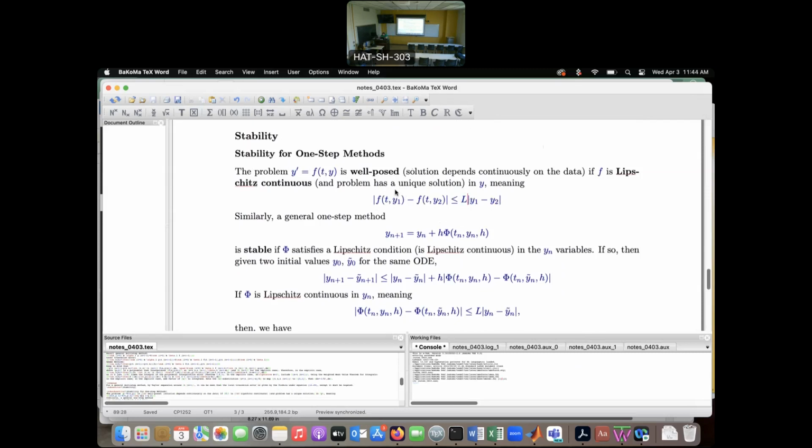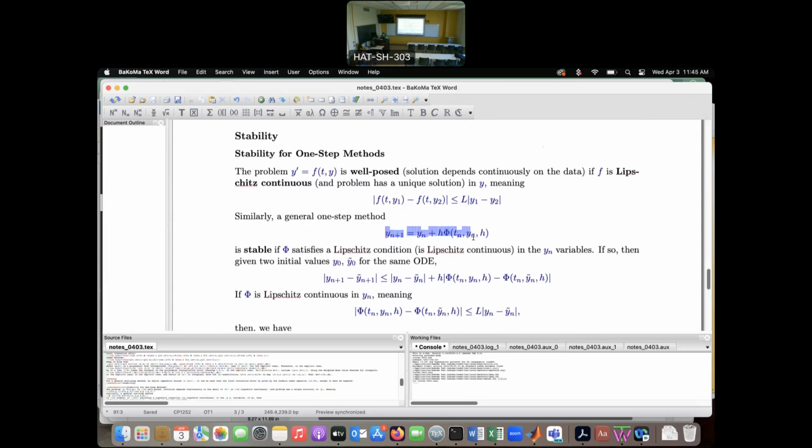There's a similar way of finding stability for a one-step method. So here we have a general one-step method. If your phi function that defines your one-step method is Lipschitz continuous in the y variable, just like f is Lipschitz continuous in the y variable. Okay.